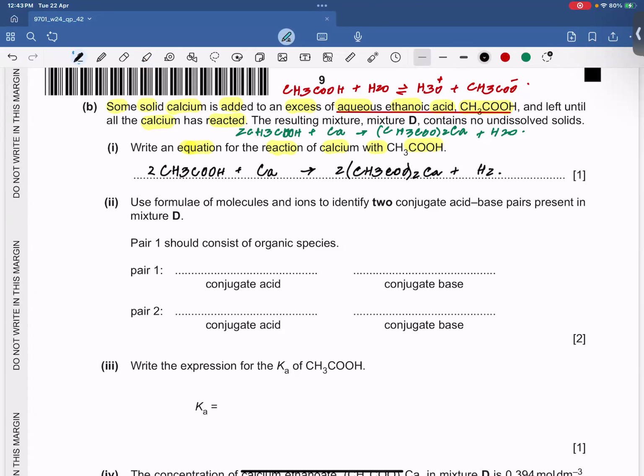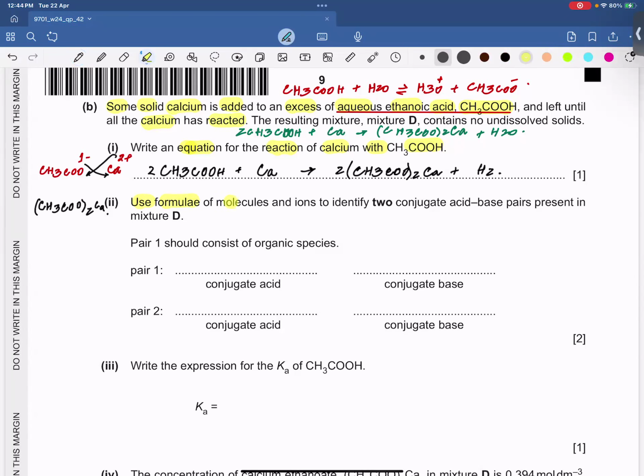One more thing. Ethanoate ions has a -1 charge. Calcium ion has a 2 plus charge. According to O-level chemistry, if charges are different, they need to cross multiply with each other. So if you cross multiply these charges, the formula is going to be like this. Okay.